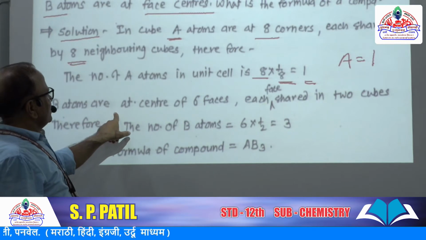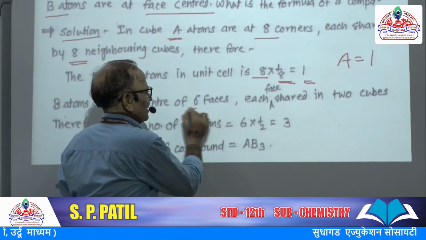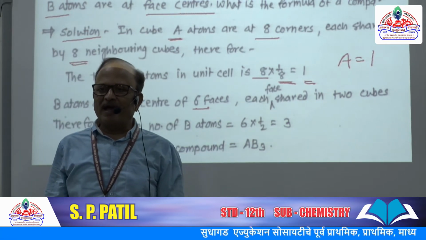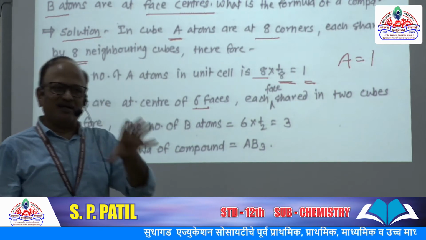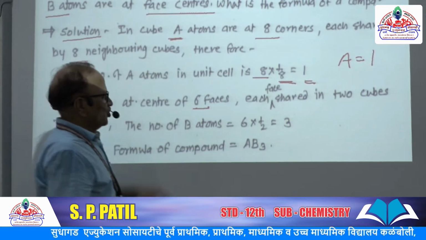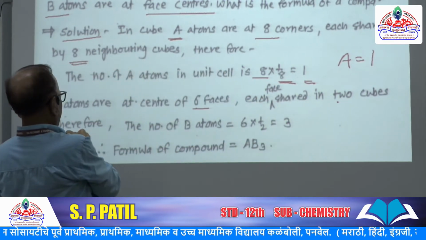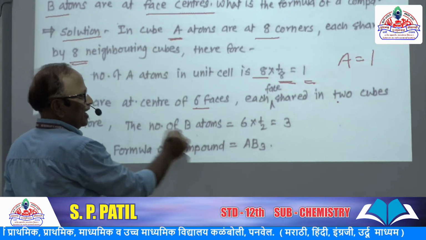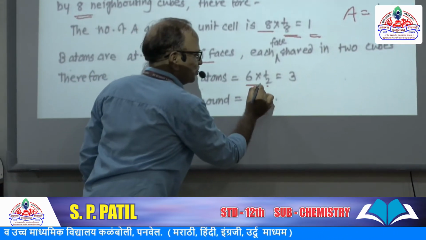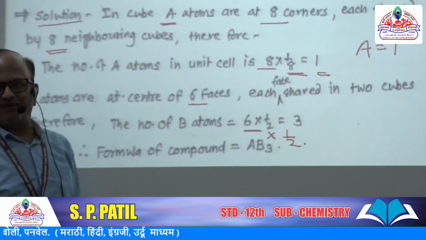B atoms are at the centers of the 6 faces. There are 6 faces for each cube, and each face is shared by 2 cubes. Therefore the number of B atoms is 6 faces into half a sphere. Why half?